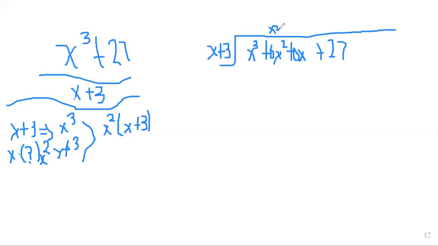All right, so now let's distribute and let's see what we will break down. X squared times x will give me x cubed. X squared times 3 will give me a positive 3x squared. So the next piece to that, remember, we are dealing with subtraction.